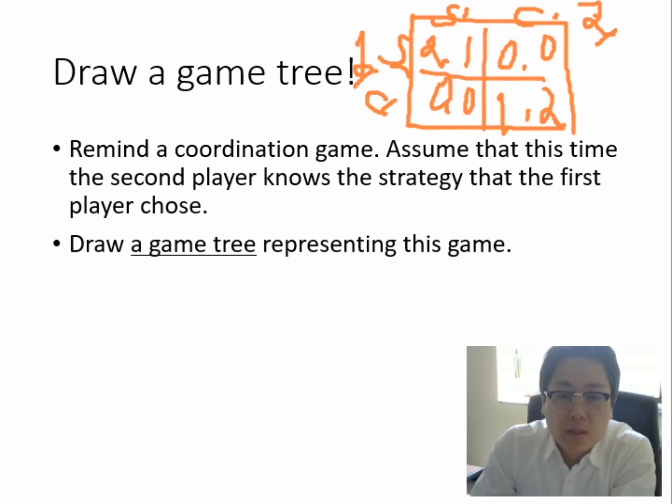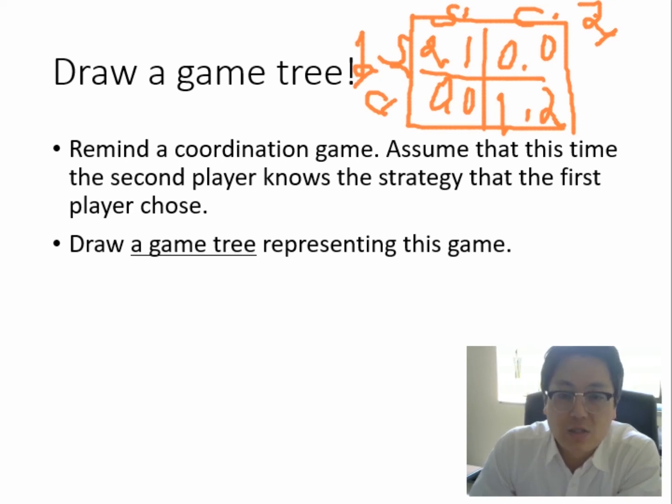Now let's make the coordination game as similar as we can using this game tree. First, if we illustrate this game as a dynamic game, one thing I should say here is that players have an order when they decide an action.